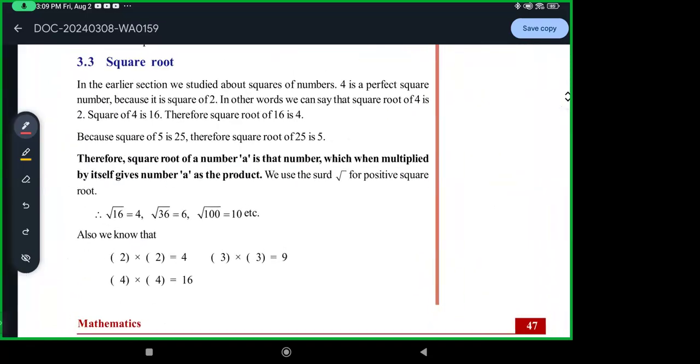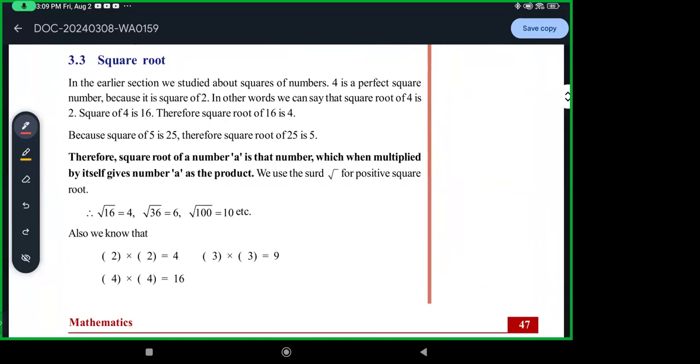Then we have square root. Okay, now square root of a number a is that number which, when multiplied by itself, gives number a as a product. And this symbol is used to denote a square root.